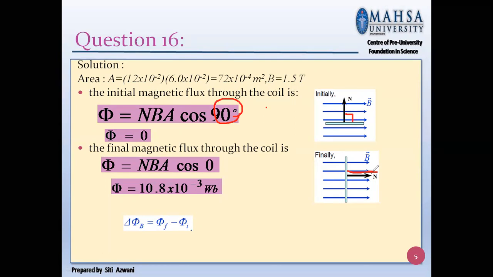You have your N and B parallel to each other. So you substitute the value of your angle equal to 0. Cos 0 is equal to 1. Then calculate the value of the final magnetic flux through the coil. You got this value.